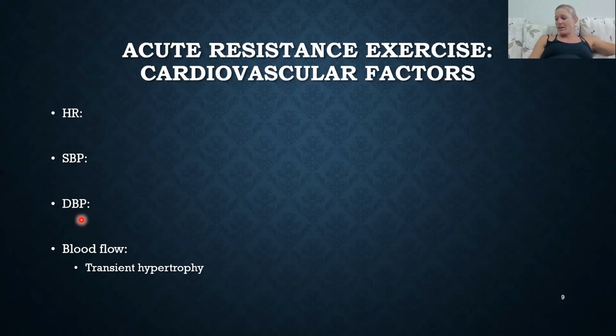We're also going to see a modification in blood flow, and this is known as transient hypertrophy. Have you ever gone to the gym or done a lift, and you leave and you're like, wow, I already feel stronger, like my muscles are already bigger, right? Sometimes this is called the pump.